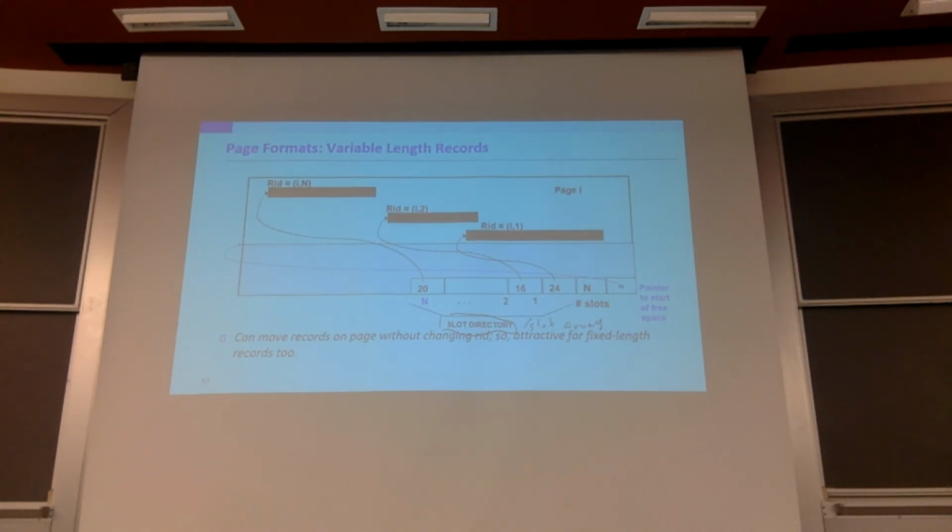At the first point, you will have a pointer that points to the free space. Suppose everything is still packed, so you have a bunch of records at the very beginning of the page, and you have a pointer pointing to the remaining free space.